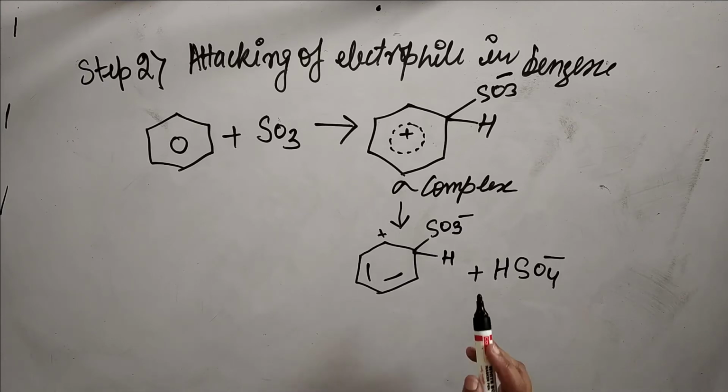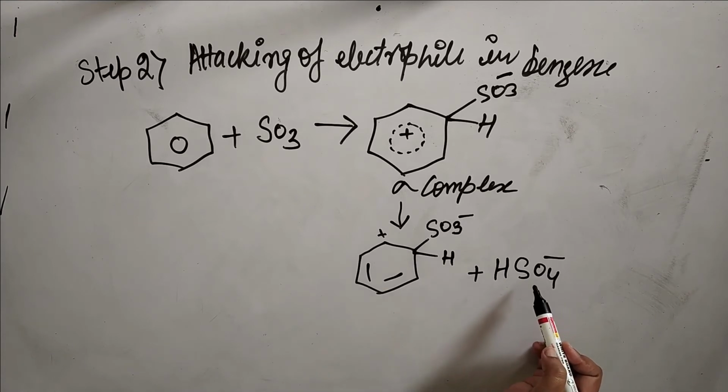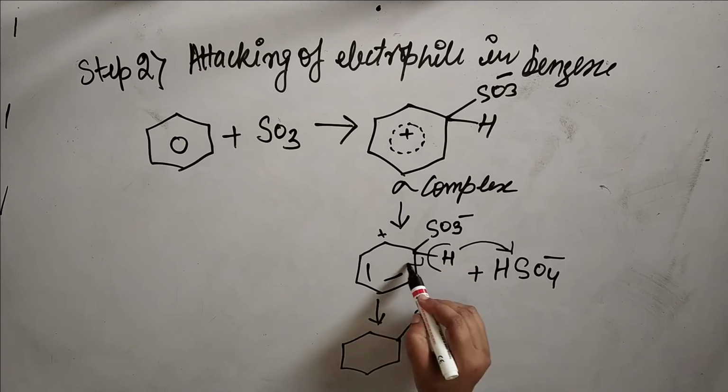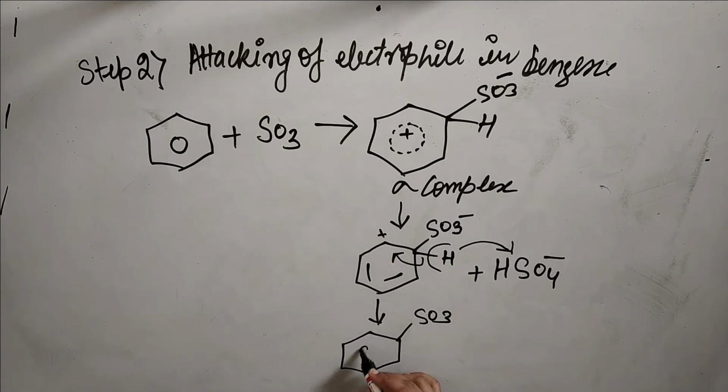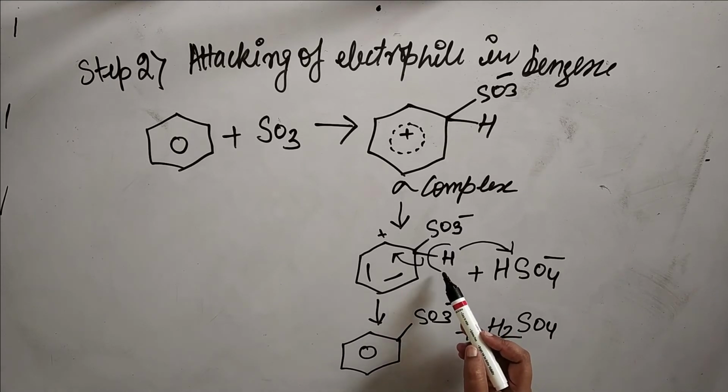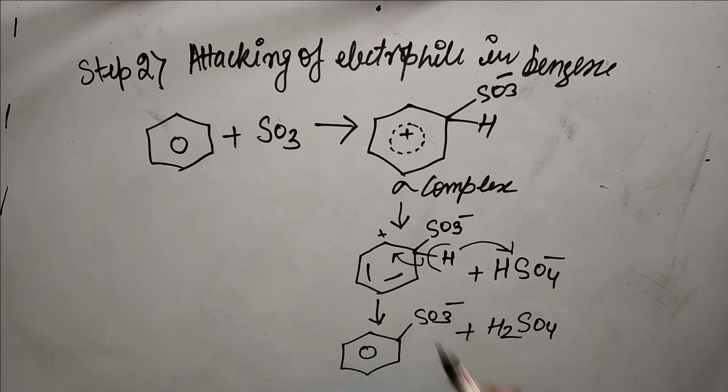So SO3 and HSO4 minus will react and the elimination of proton will take place. Electrons will enter inside the ring and the regeneration of one sulfuric acid molecule, H2SO4, will take place. Here the elimination of proton occurs and electrons will enter inside the ring, and the regeneration of the second H2SO4.